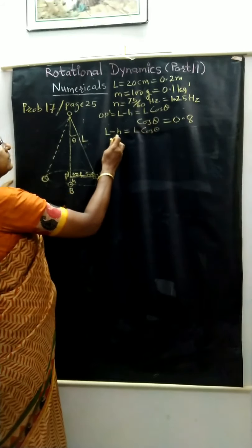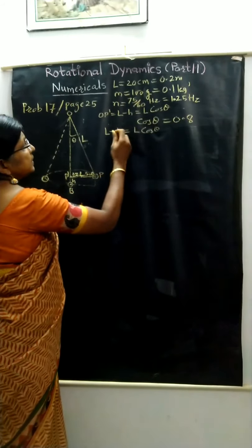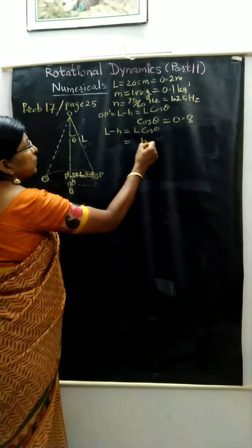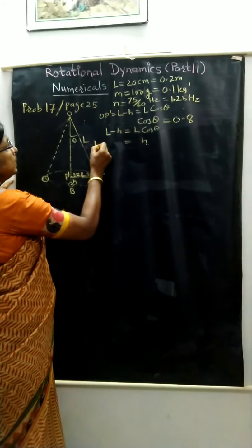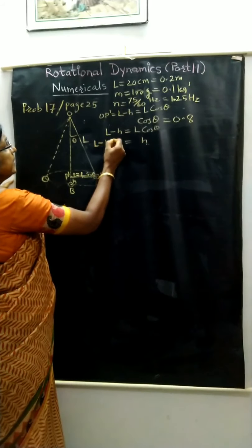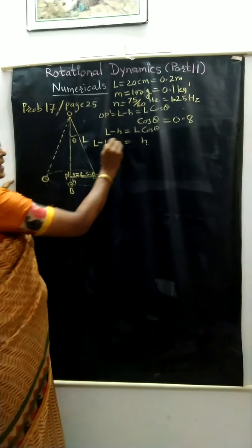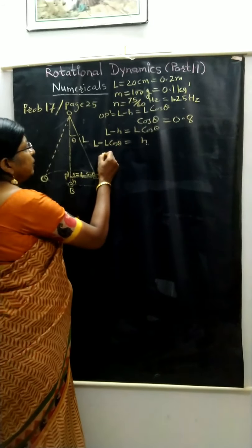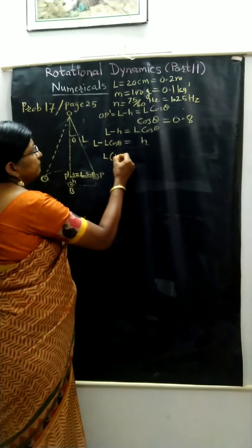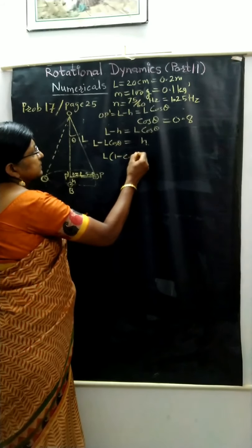Now let us transfer this h to the other side so that it becomes positive, and this L cos theta when transferred to the other side becomes negative. So L minus L cos theta is equal to h. Take L common so that we get h equal to L(1 minus cos theta).